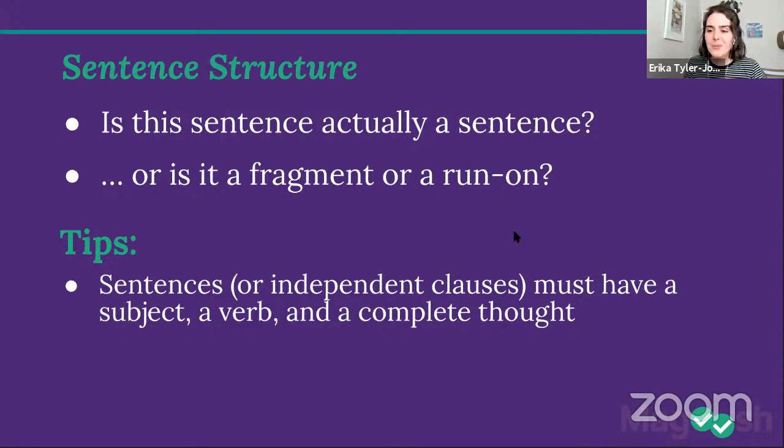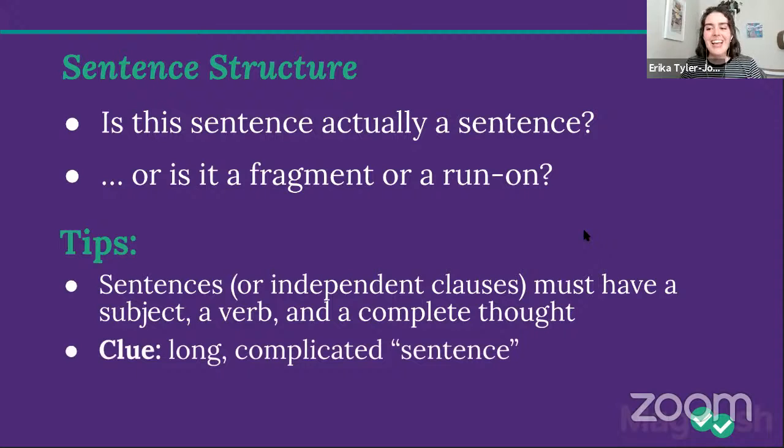The thing that makes this more tricky is the clue that when we have a sentence structure question, typically we're going to have a long, complicated sentence. Because if the sentence was really short it would probably be pretty obvious whether it was a sentence or not a sentence, right? Because there's not all that much to dig through.